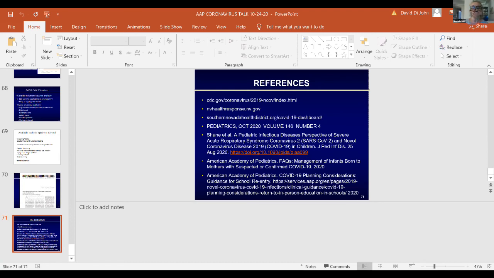So we have, is it possible the spikes in cases graph you showed has to do with increased testing? Is it possible the virus has mutated, explaining the decrease in death rate? Well, we're seeing more cases because I think there truly are more cases. There is more testing, yes, but I think that's probably in large part because people need to be tested. Either they're getting sick or they're exposed to someone.